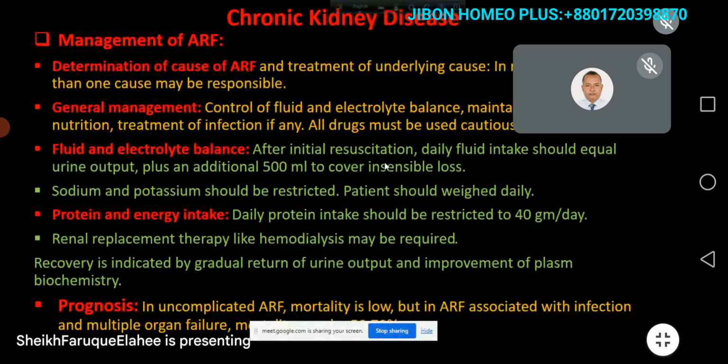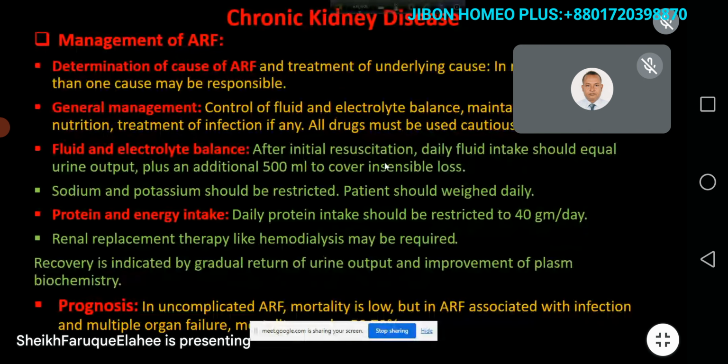So you add 500 ml fluid to the amount of urine. If the person passed 500 ml of urine in 24 hours, then you add another 500 ml, meaning 1 liter for 24 hours. This way, you will have to maintain his electrolyte and fluid balance.